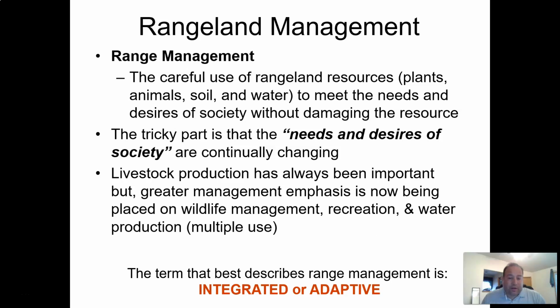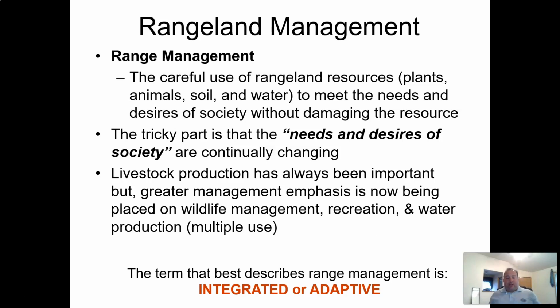The tricky part, of course, of that is the needs and desires of society, because it's constantly changing, and with society growing and spreading out and the demand for livestock production becoming more and more, it really changes the way that these rangeland areas are used.